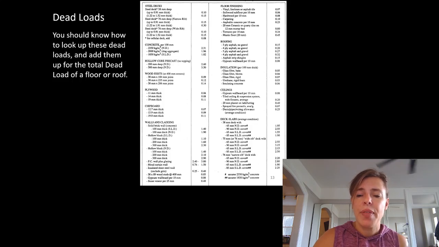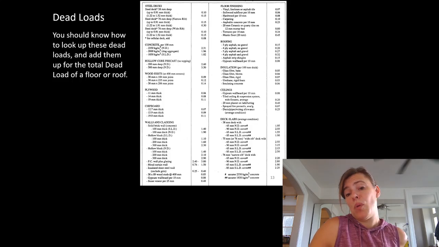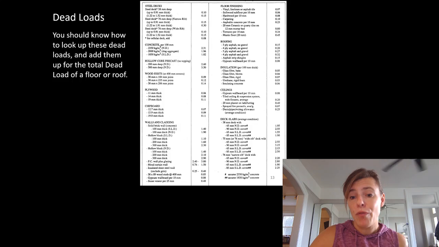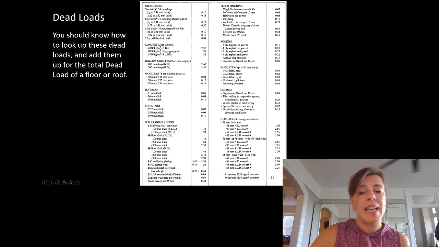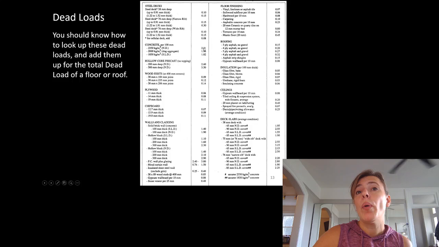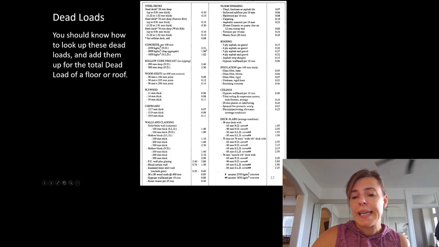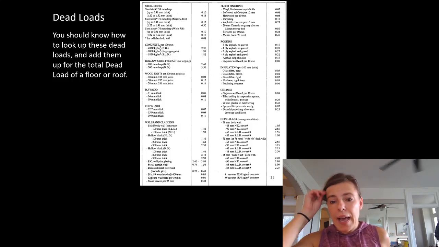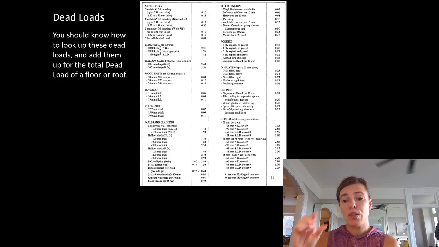So I don't think I need to explain that normal is what we normally do. So if I say 4 inches of concrete or 10 inches of concrete, I am talking about this right here, which is 2.31 kPa. So that means that for every meter by meter, if it is 4 inches thick, it weighs 2.31 kPa.